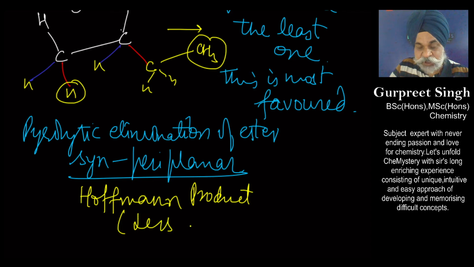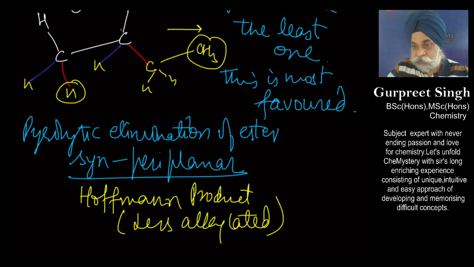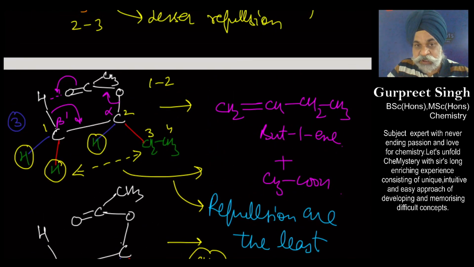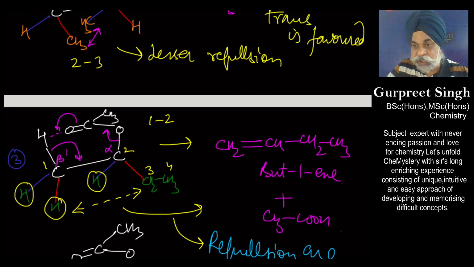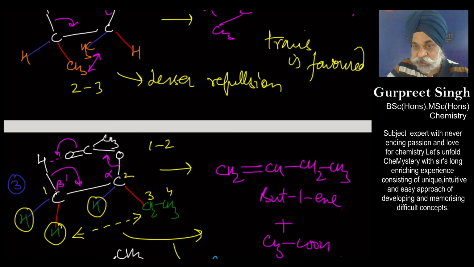Here the formation is favorable for less alkylated alkene, because stereochemically the pathway which governs the minimum repulsions is the answer. So but-1-ene is majorly formed.